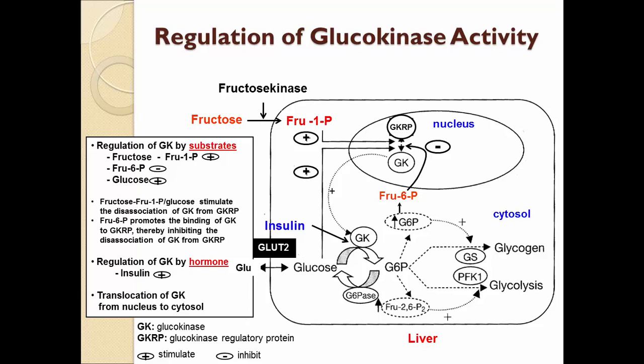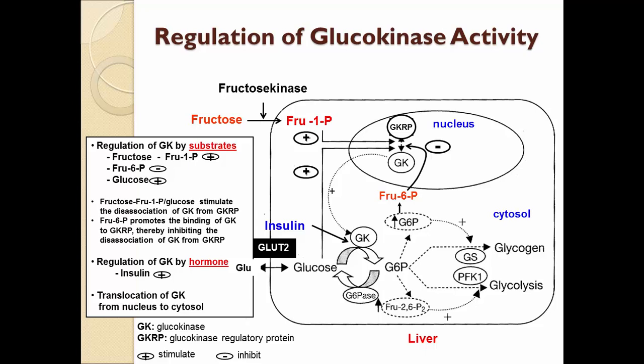And insulin is an important regulator of glucokinase, so it stimulates and increases glucokinase activity in the fed condition, when insulin level is high. And this enzyme is kind of interesting. It is usually located in the nucleus.